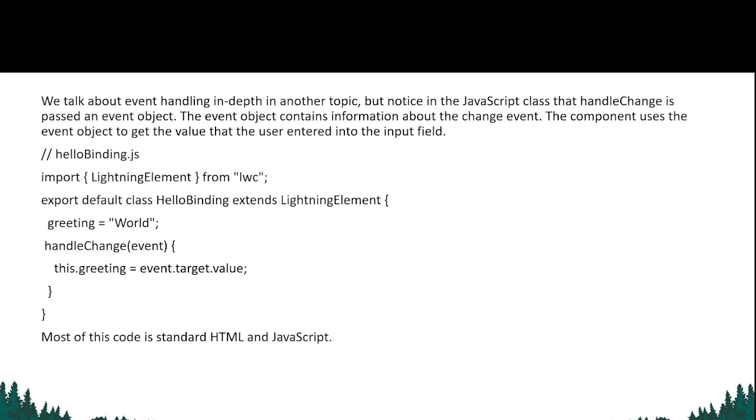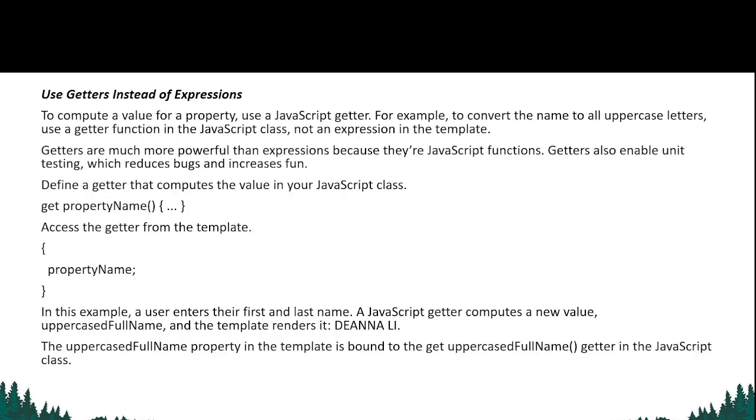And then you are adding greeting equals world, and then handle change is used to handle the event. The event handling is done with the help of handle change, that is event. Then this.greeting is called by this statement, then target value is generated.